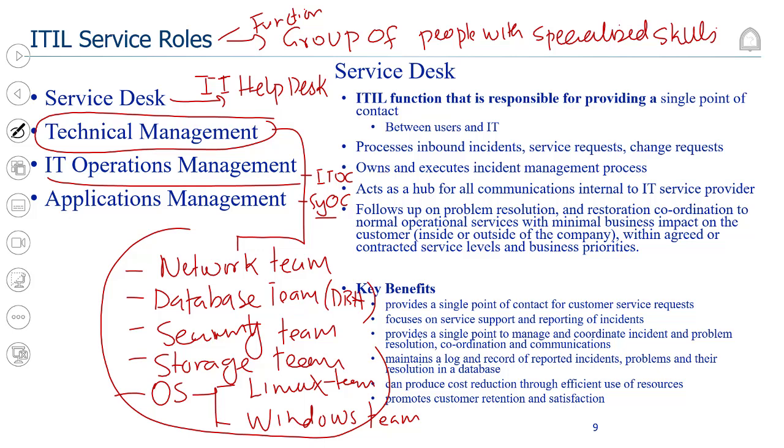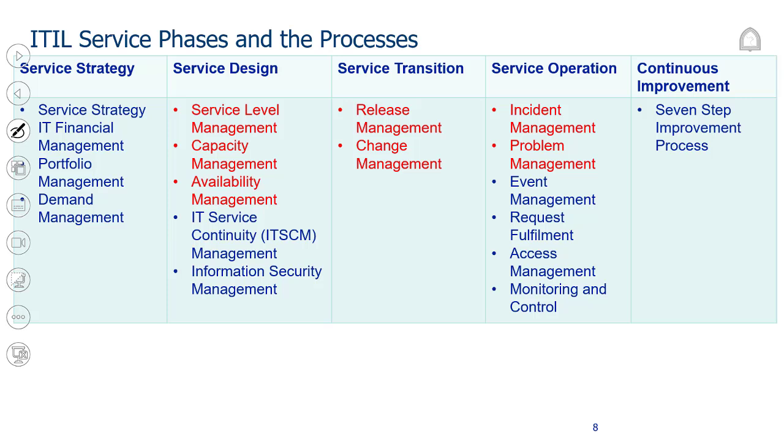Now let's go back here. Now we know the roles. Roles are those groups of people that will be doing things for us and helping us resolve the issues. Now we come back to the phases that somebody was asking about. We have 5 phases, and I've listed them in chronological order.